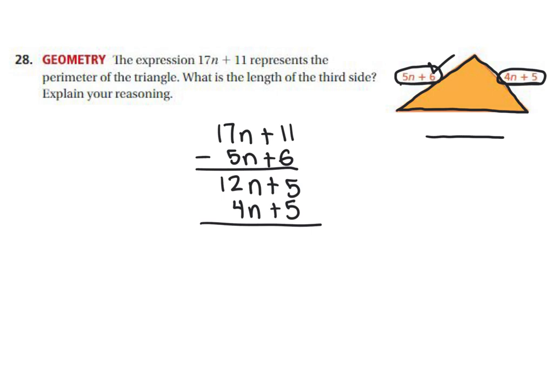So we're using our vertical method still. 5 minus 5 is 0. And 12n minus 4n is 8n. So for number 28, we would just say that the length of the hypotenuse, or the long leg, is 8n.